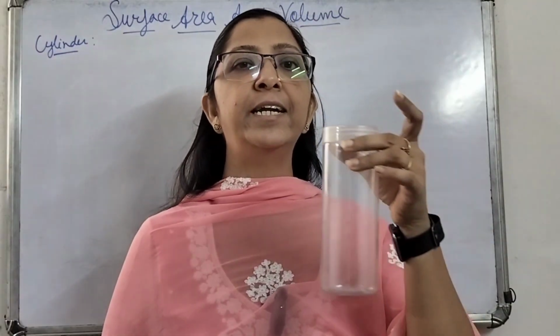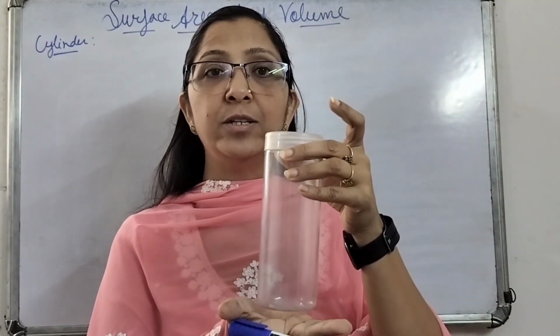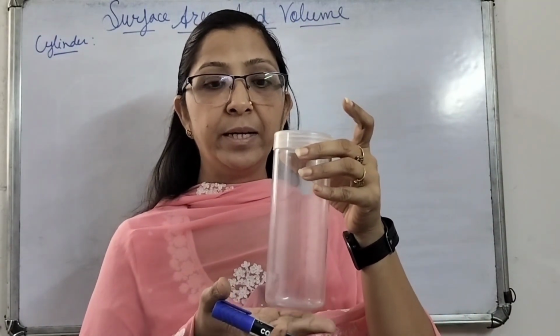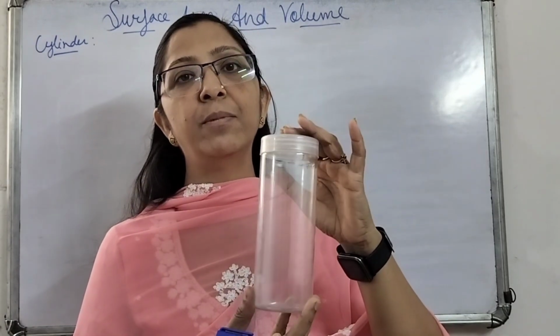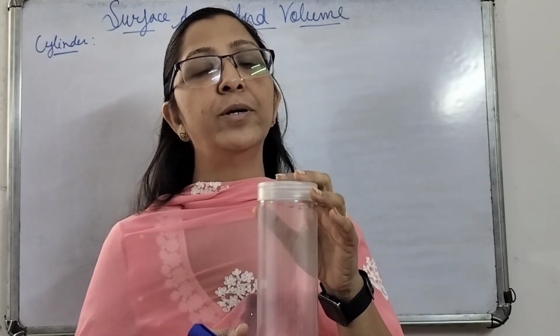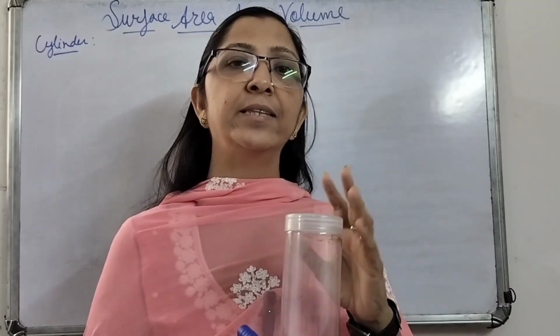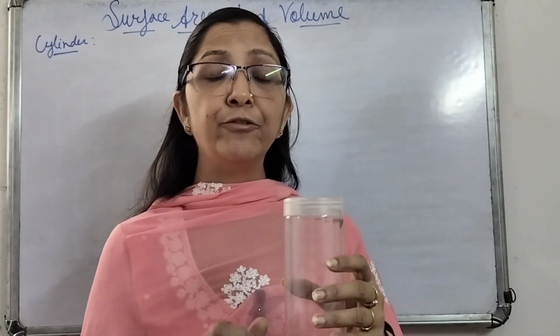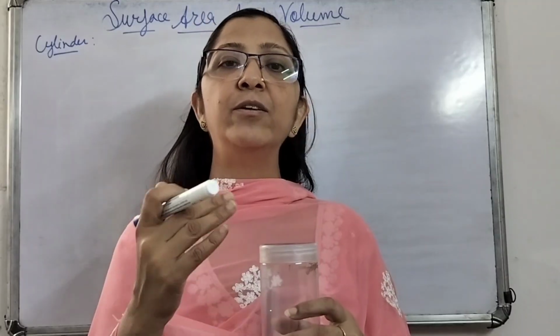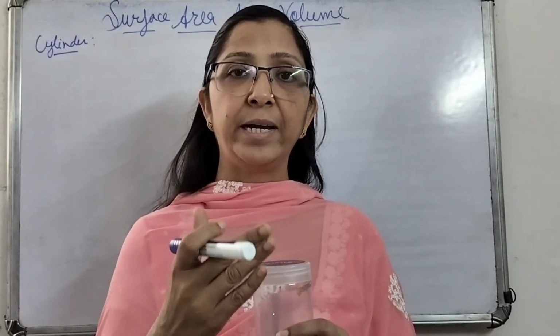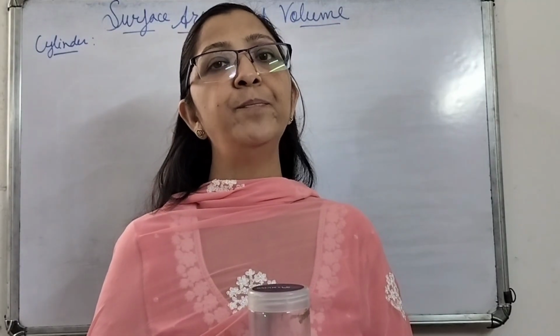This is how a cylinder looks, whose base is a circle, and if we keep circles of the same radius one over the other up to some height, then we get the shape of a cylinder. As in the case of a cuboid, where we take rectangles of the same size and keep them one over the other up to some height, we get a cuboid.